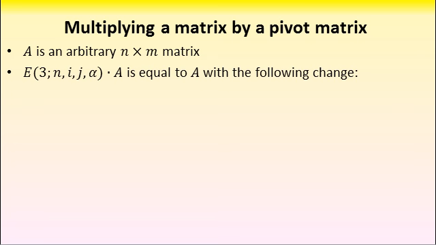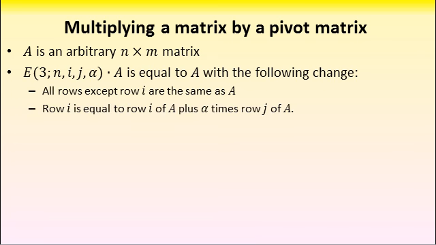All rows of this product will be the same except for the ith row. It's only the ith row that will change. And the ith row of the product will be equal to the ith row of A plus alpha times the jth row of A, like this.